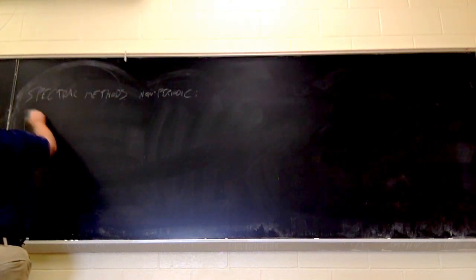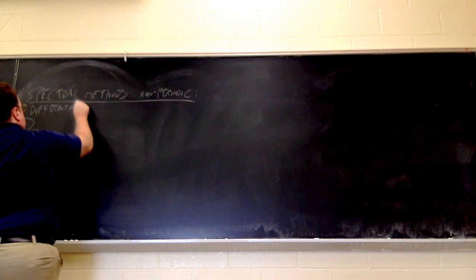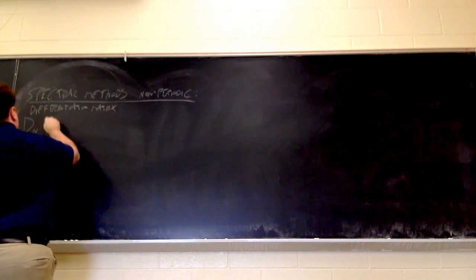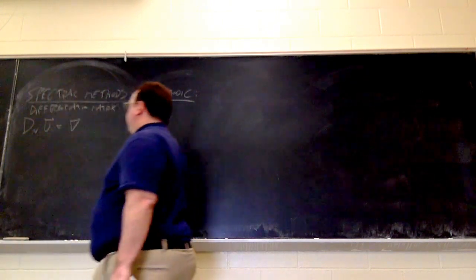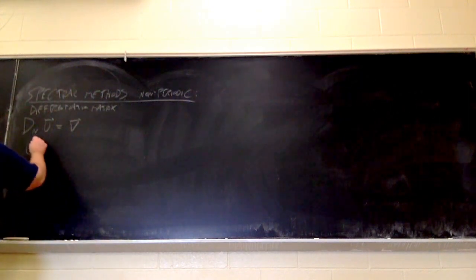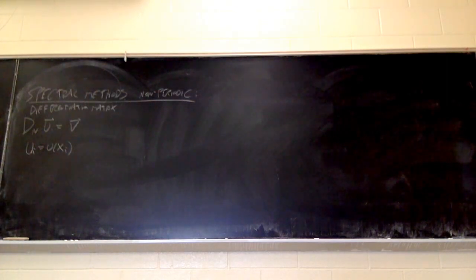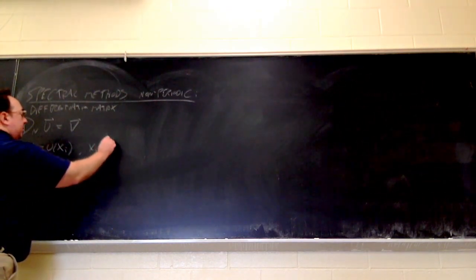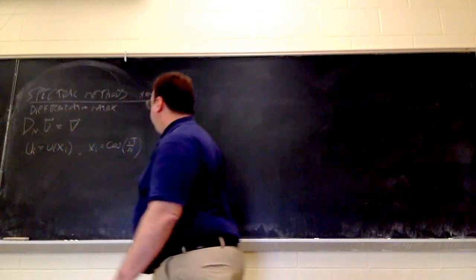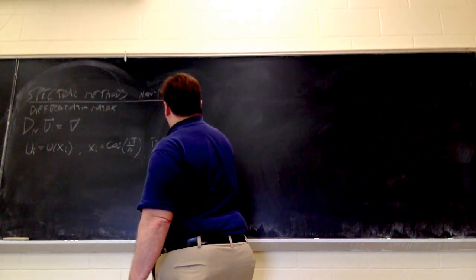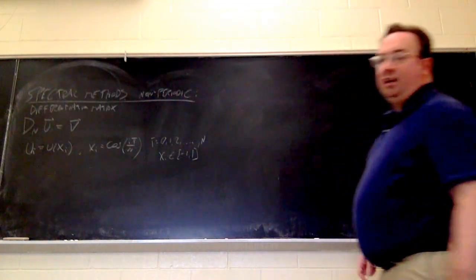We have this differentiation matrix D_N that takes as input a vector u, and you multiply that and get this vector v, where u_i is equal to the value of some function u at the grid point x_i. x_i is equal to cosine of i pi over N, where i goes from 0 to N. So all the x_i's are in the interval -1 to 1, including the boundary points.